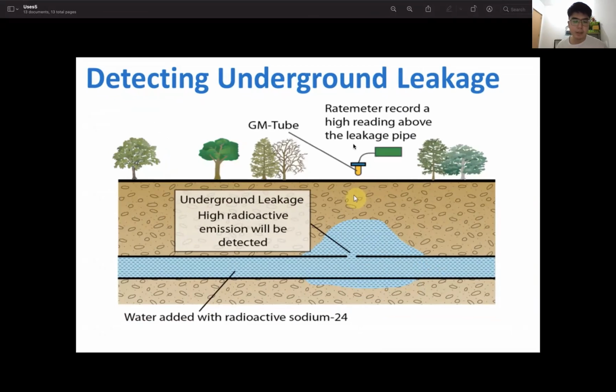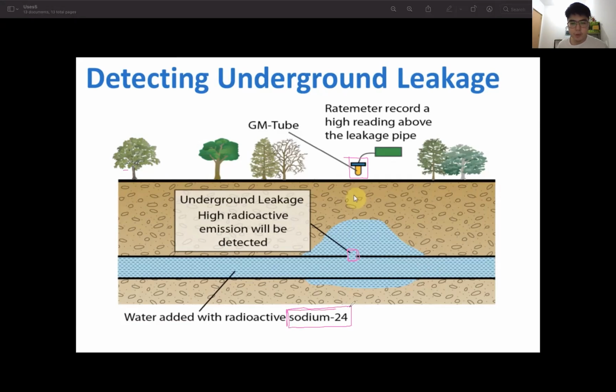So how do you detect it? You use a GM tube. You actually move this GM tube across from left to right, like you sweep through, and if there's a leakage here, it will detect the radiation. First, the water has to be added with a radioactive material, radioactive sodium 24.